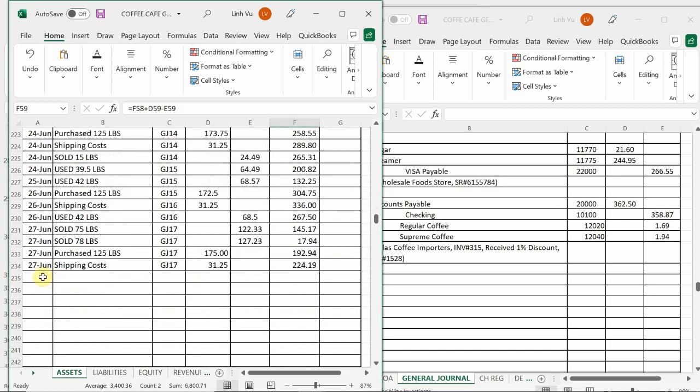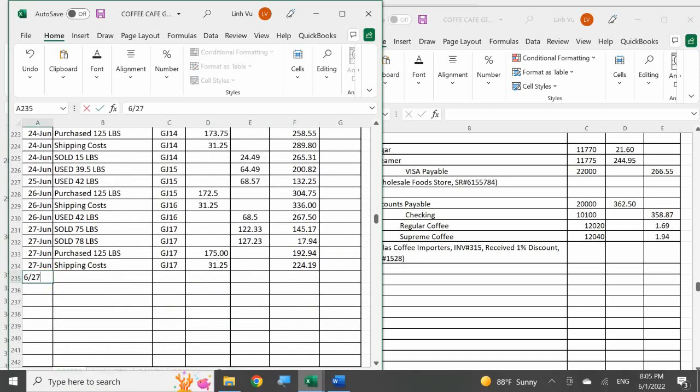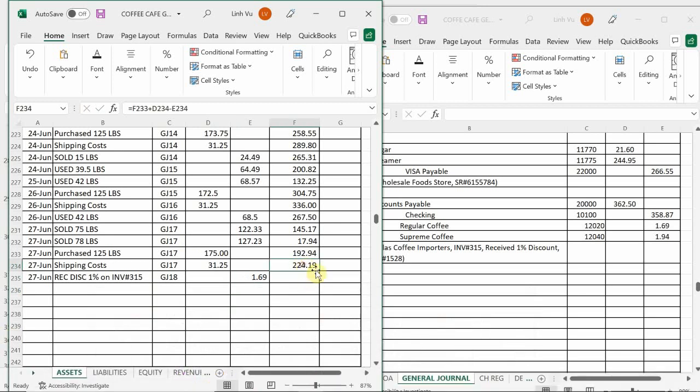And we are going to receive discount 1% on invoice number 315, General Journal 18, and that discount is going to subtract $1.69 from my inventory, so that should give me a grand total of $222.50.